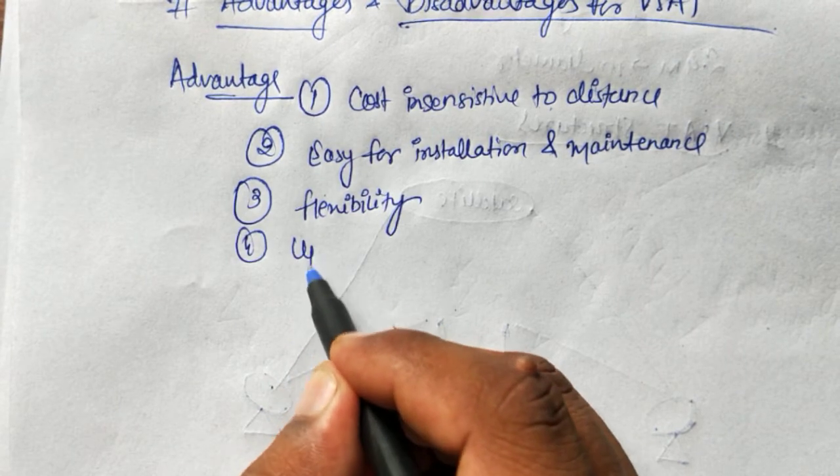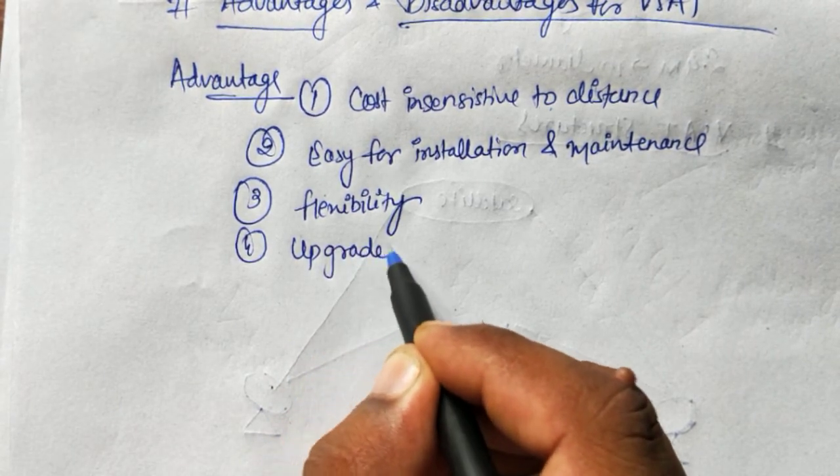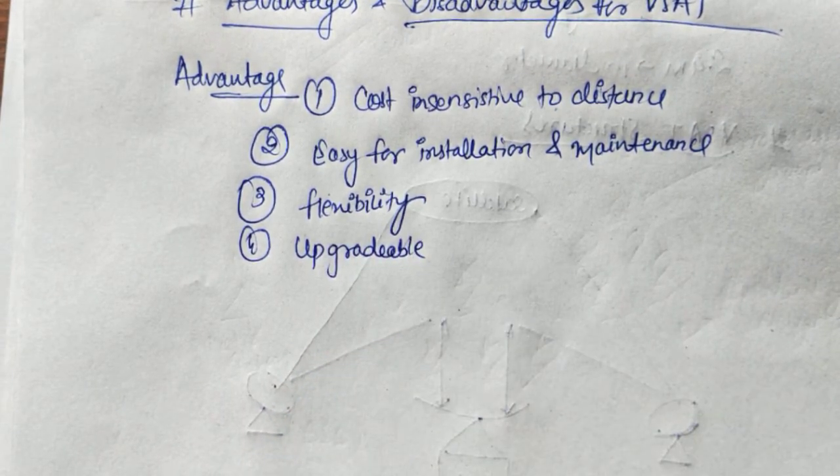The fourth is upgradable. Along with that, other advantages are that a large number of Vsat networks can be integrated into a single network to provide cost-effective expansion. Mean time between failures is greater than 25,000 hours for 3 years. And reliable service, that is 99.9% for data and 99.5% for voice.